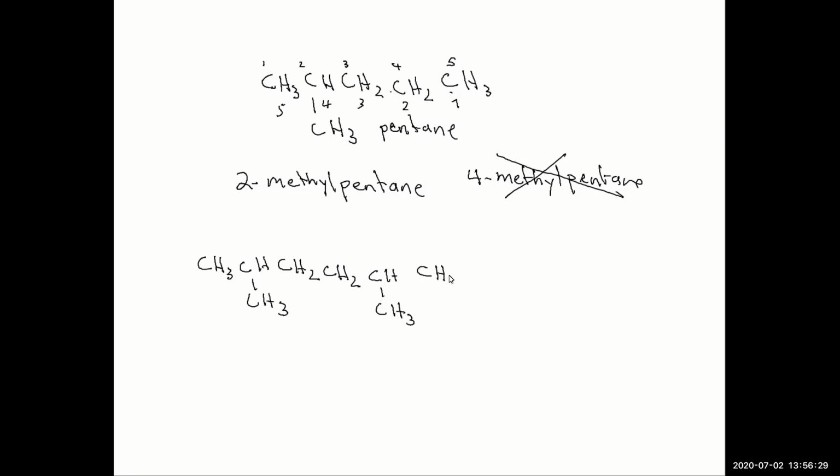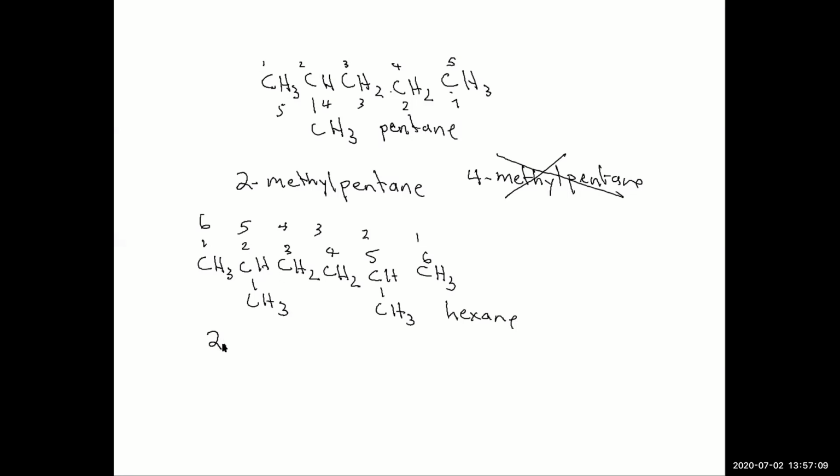The parent chain here has 1, 2, 3, 4, 5, 6 carbon atoms, so it's based upon hexane. Notice the numbering this way or this way doesn't matter. If we number this way, the first time we get the substituent is at carbon 2, and the second time is number 5, and we have an identical substituent.